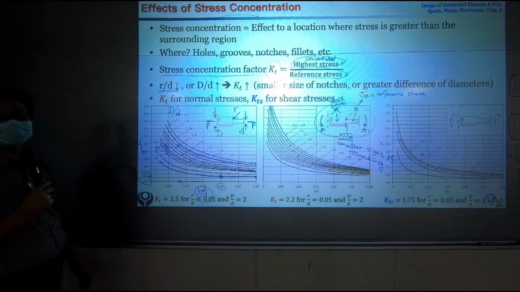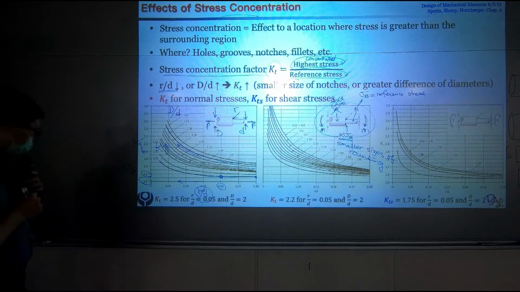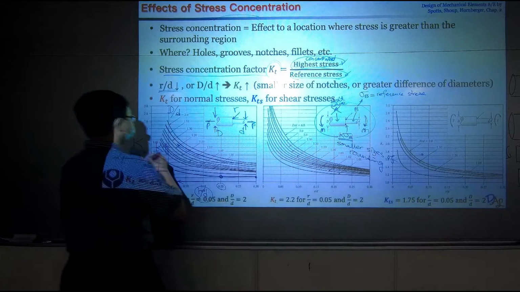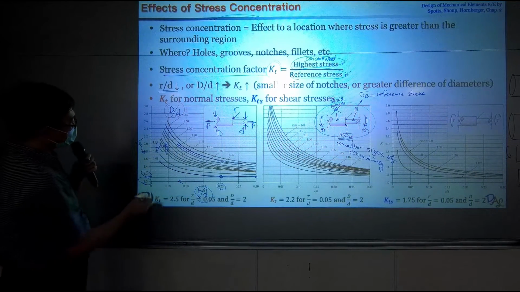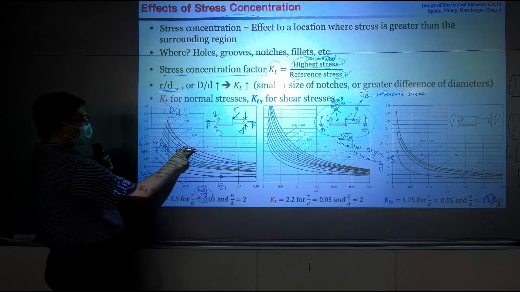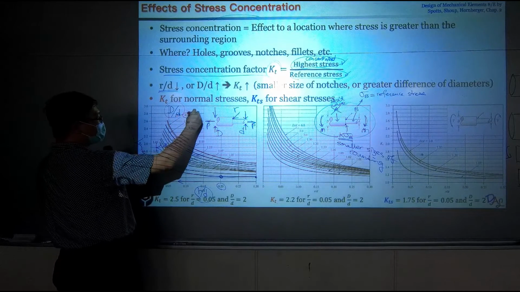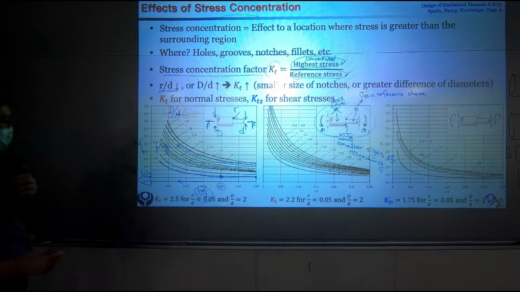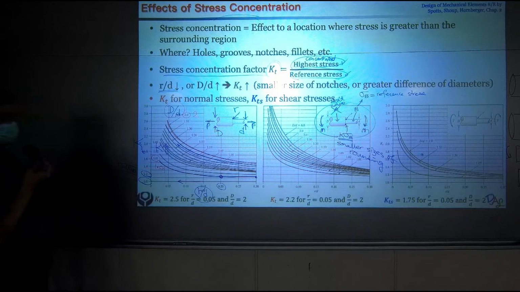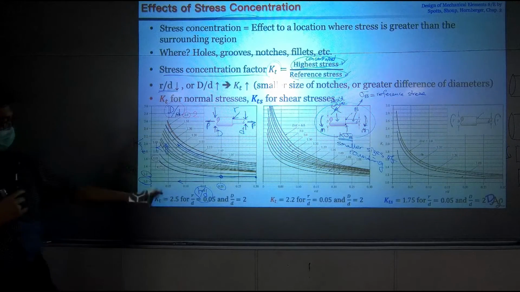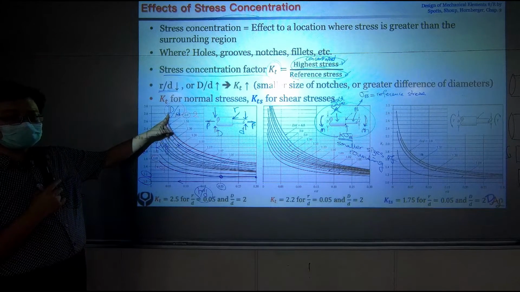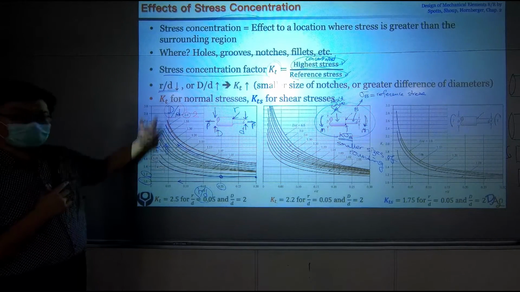Now you have a sense of how the rounding should be in order to have a lower level of concentrated stress. Okay? Let's take a look at the second factor, which is capital D and small d. This very top curve has a value of 2, and the very bottom one is 1.01, the two extreme cases. If you have a greater ratio of capital D over small d, your k increases.